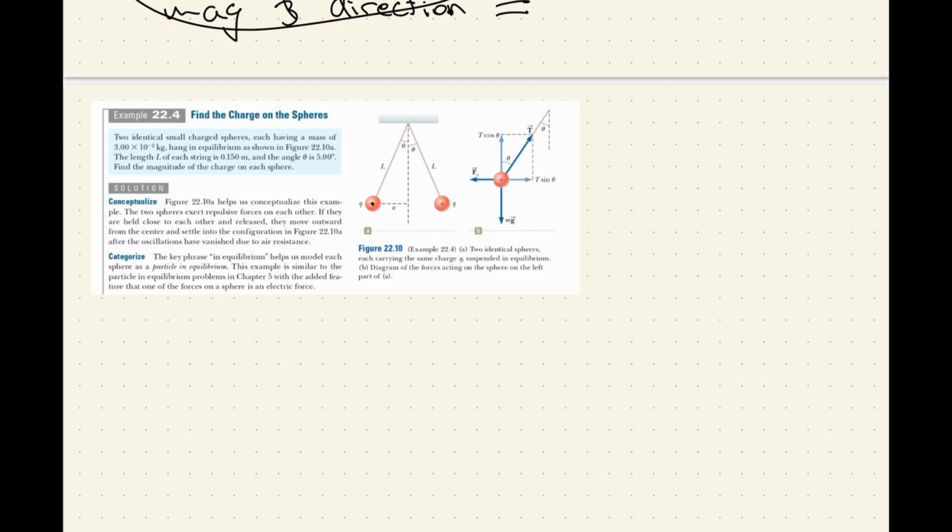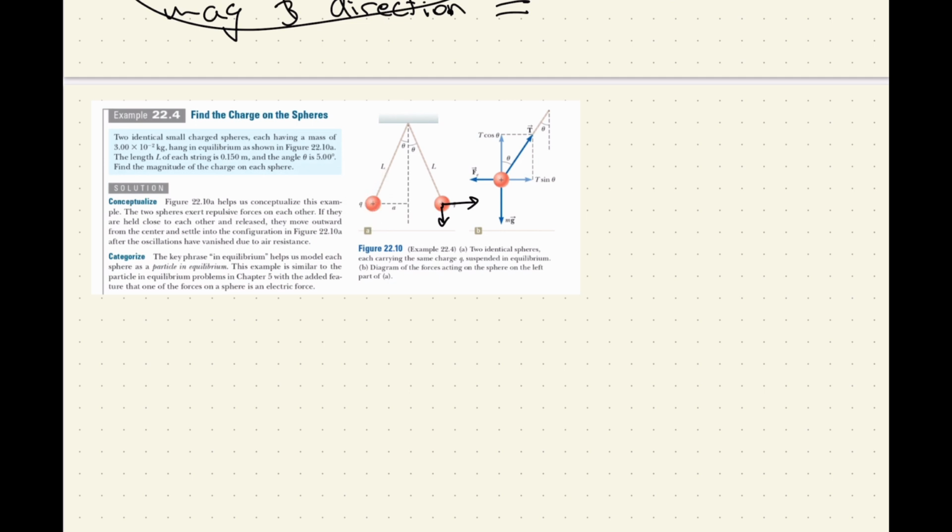So on both spheres, you have the force of gravity, mg, which you can calculate using mass times g, which is 9.81. That is a vector pointing downwards. You also have the spheres repelling each other, which is shown over here with this Fe. They repel each other because they are positively charged.